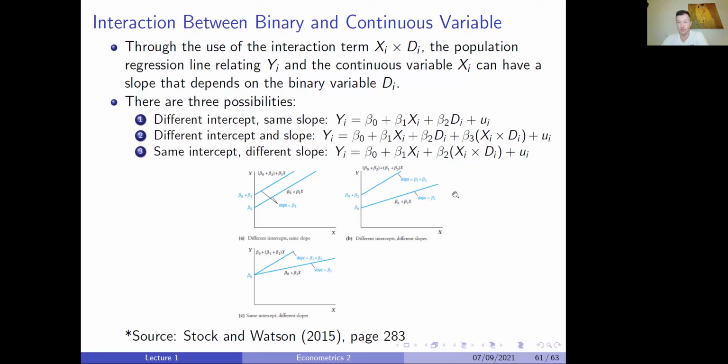This gives us flexibility, because we have different intercepts and different slopes. For this group, the effect is weaker. For this group, where D is 1, the effect is stronger, right? So the slope is steeper. And the third case is somewhat redundant. They start from the same intercept, but they have different slopes. So usually we go for the second model.